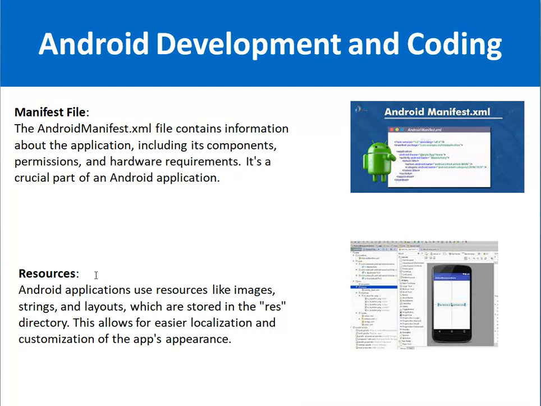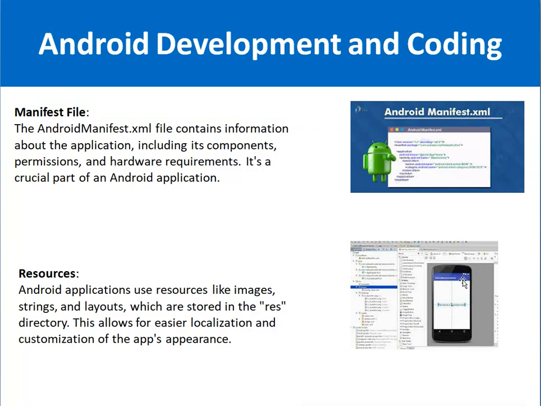Then resources. Friend, obviously when we are working on an Android application, it needs different images, strings, and layouts. All those things are stored in the res directory. Res is the short form of resources. This allows for easier localization and customization of the app's appearance.